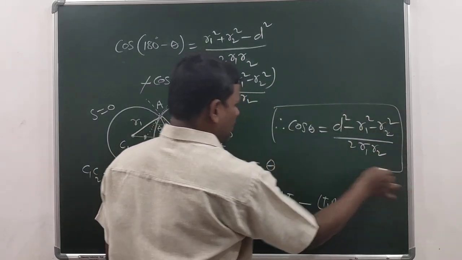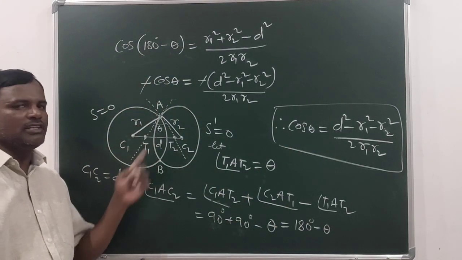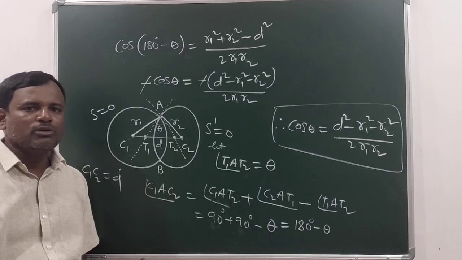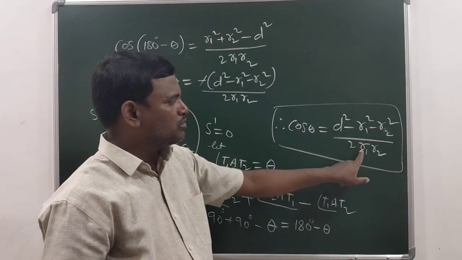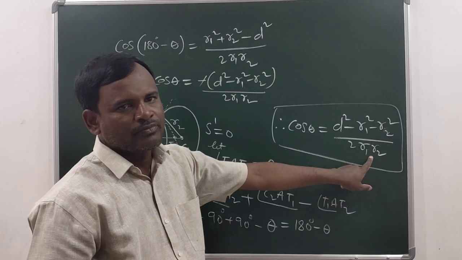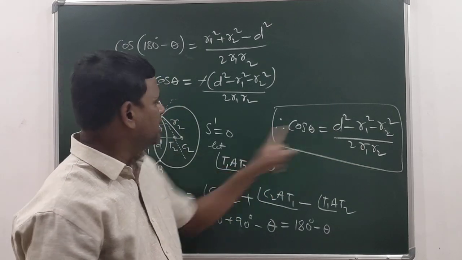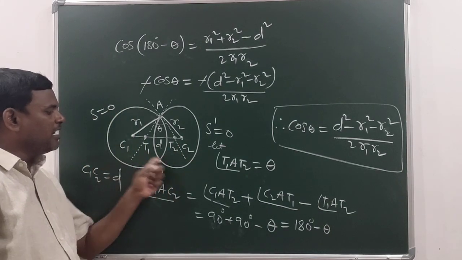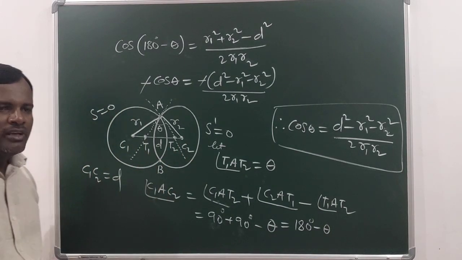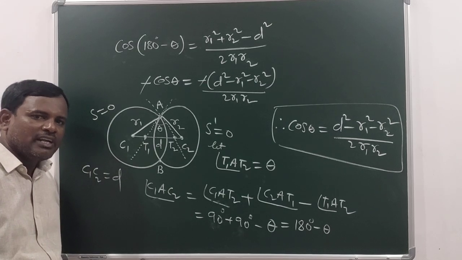So this formula we use to find the angle between two circles: cos theta is equal to d square minus r1 square minus r2 square by 2r1 r2, where theta is the angle between the circles and d is the distance between their centers. r1, r2 are the radii of both circles. I hope you have understood this formula derivation.